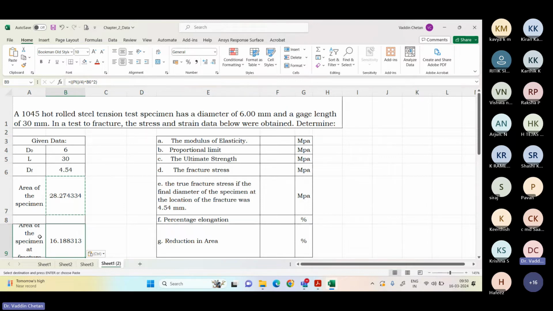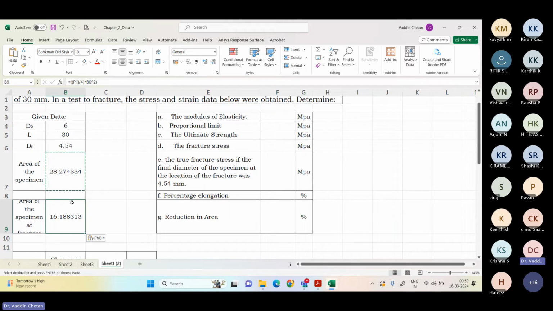So there might be slight changes. The functionality remains the same; only the menus may differ here and there. The area of the specimen at the fracture diameter corresponds to B6, and automatically it has taken B6.